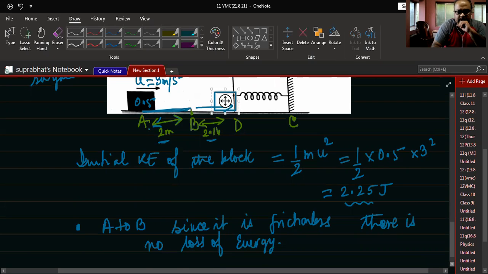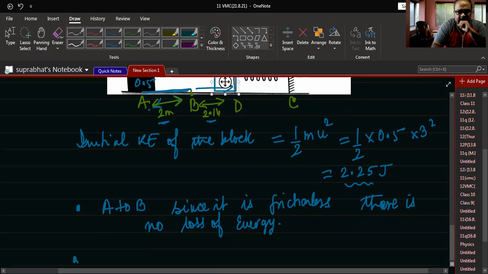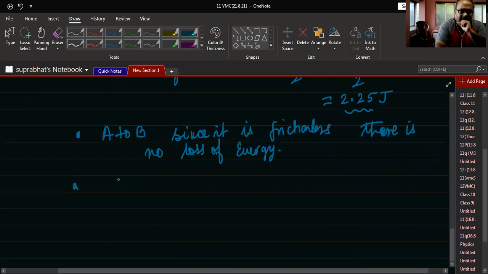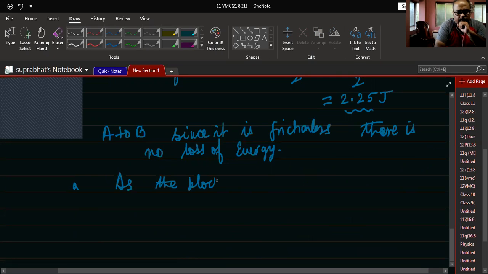There will be a loss of energy due to friction. So as the block is moving from B to D, energy is lost due to friction.